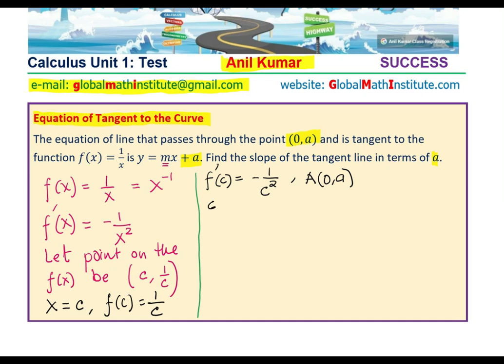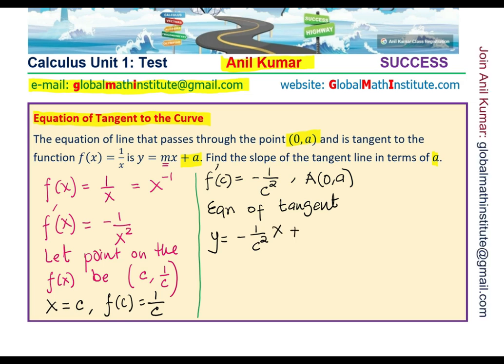And therefore, we can write that the equation of tangent will be, we know the slope, right? So the equation of tangent is y equals minus 1 over c squared, which is the slope, x plus a, since a is the y-intercept.